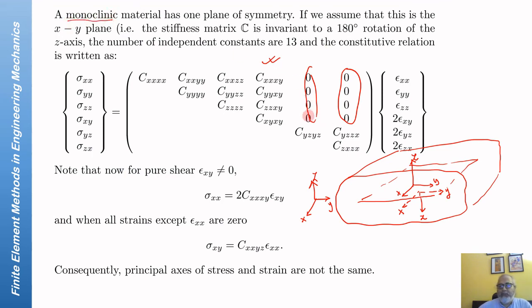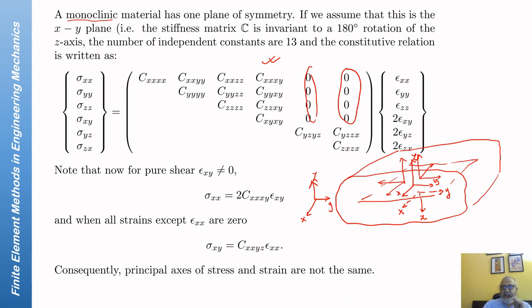Now imagine a material which is orthotropic, which means that it not only doesn't know if the z-axis is flipped, it also doesn't know if the y-axis is flipped. It also doesn't know if the x-axis is flipped. So for all these three rotations which flip the x, y, and z axis by 180 degrees, the 6 cross 6 stiffness transforms to itself.